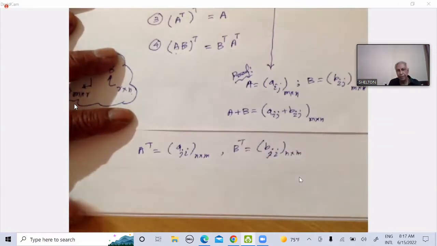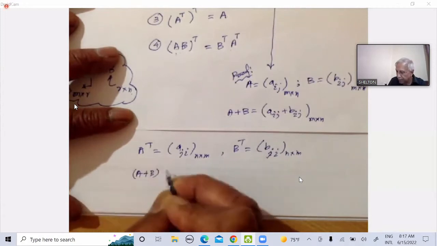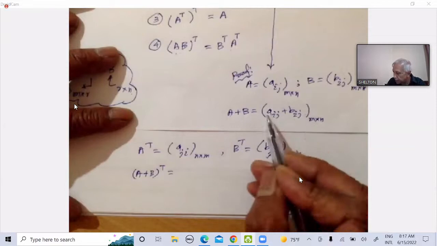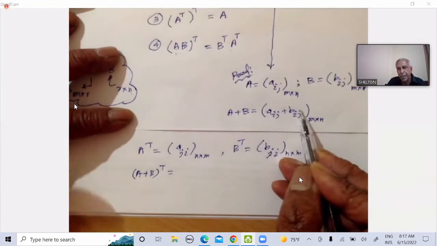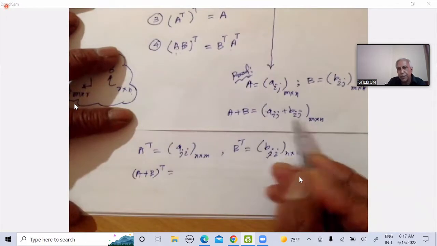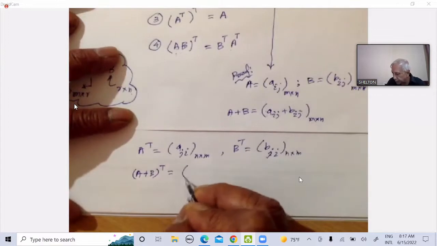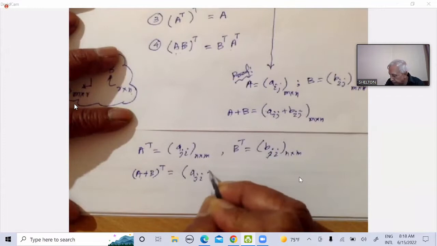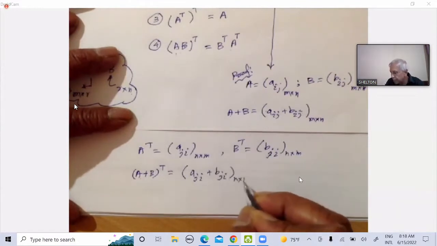What is (A plus B) transpose? A plus B is this. Now we have to change. This is like Cij. So to get the ijth entry of the transpose, you have to interchange, Cji. So i and j should be interchanged. So (A plus B) transpose is Aji plus Bji, n by m.